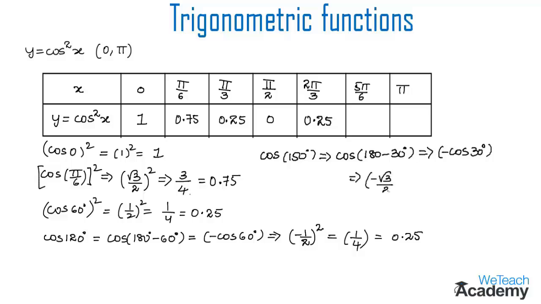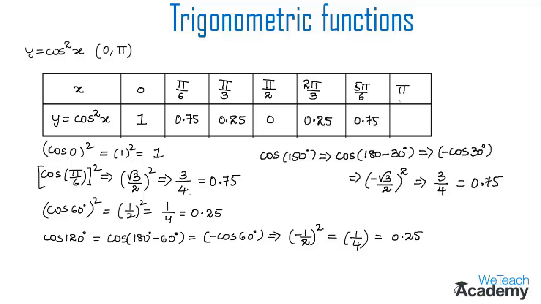So we get minus root 3 by 2, and now we have to find the value for cos square 150. Let us square this. We get minus root 3 by 2 whole square, which is 3 by 2 square, which is 4. So we get 3 by 4, which is equal to 0.75. So the value for cos square 150 degrees is 0.75.